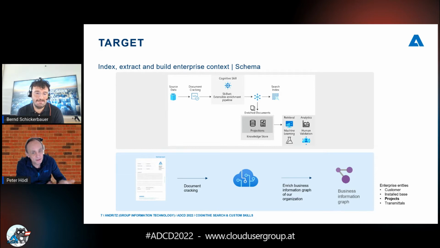What's useful for the end user is the Andritz-specific knowledge, which is, for example, as Bernd said before, the project number, the customer. But for that, you have to know where this information can be found in the document and what type of document we have here. So this is the big addition we do, additional to the standard AI skills that we get out of the standard Microsoft Cognitive Search.